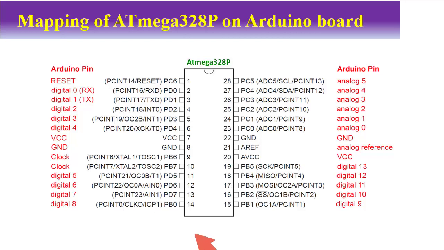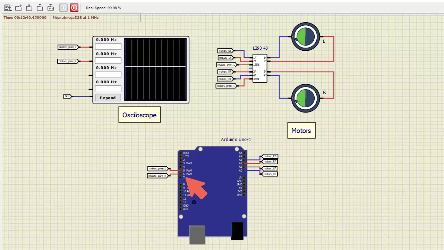And for the enable signals of the L293D, I have used output compare 0B and output compare 0A, which are PD5 and PD6 of the ATmega328P. In the Arduino board, these are connected with digital pin number 5 and digital pin number 6. These are connected to enable pin 1 and enable pin 3. This enable pin is for one motor, and this is the enable pin for the other motor.